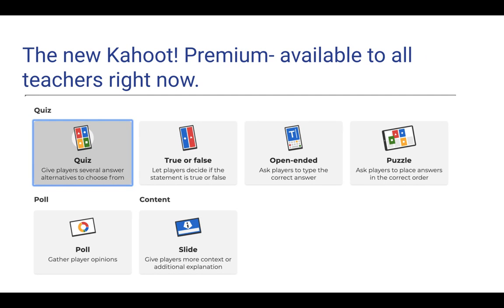Okay, so the new Kahoot Premium is actually available to all teachers right now. If you go on Kahoot.com, on the very top, there's a link, and you just click on it, and you can have Kahoot Premium. So on Kahoot Premium, you have all these different modes for questioning available.